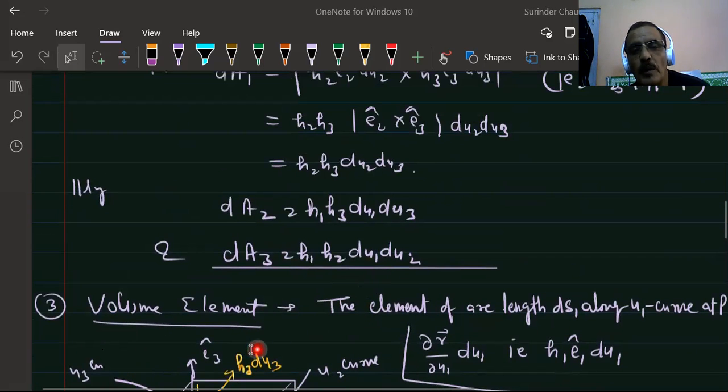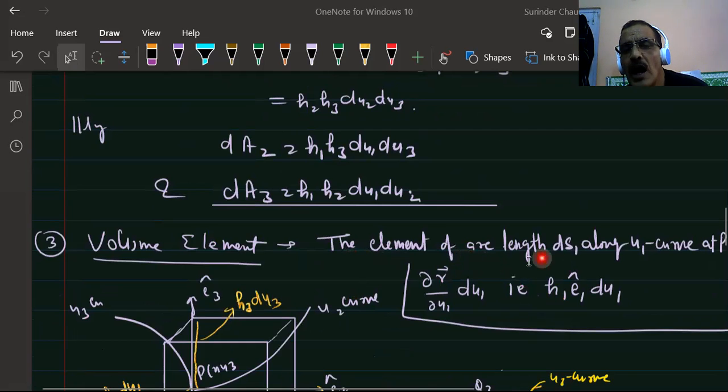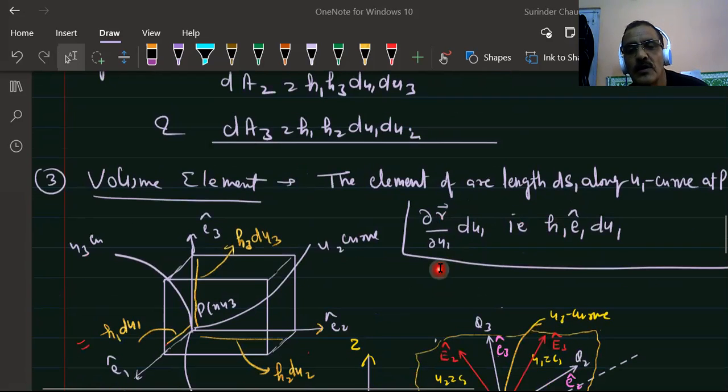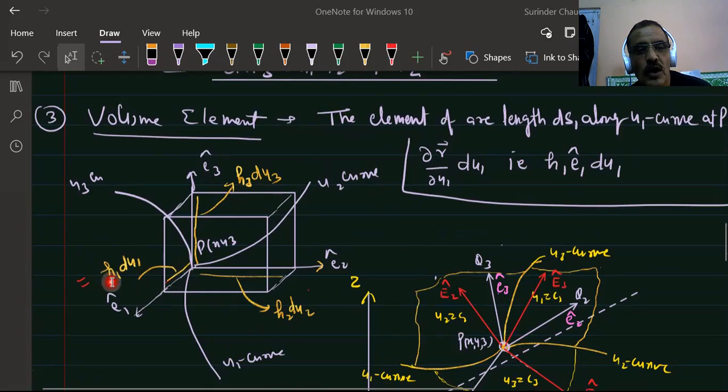Now the volume element. The element of arc length ds1 along the u1 curve at point P is given by h1 du1 e1.